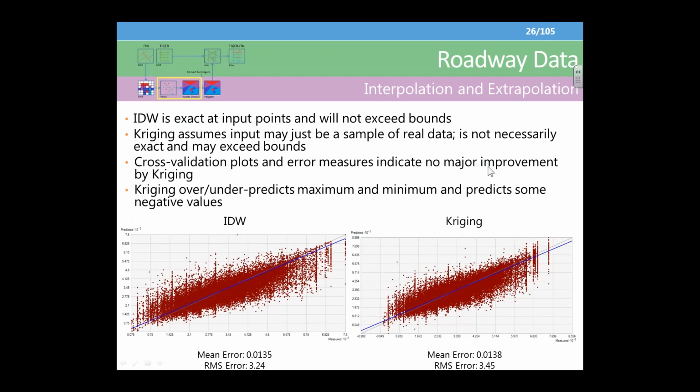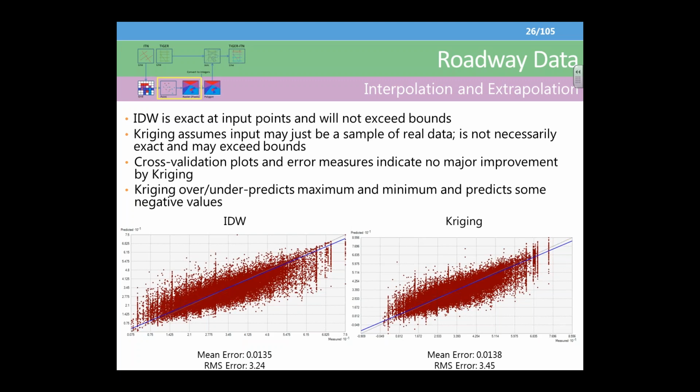One of the advantages of utilizing inverse distance weighted is that it exactly will match your data points at those points. If you're creating an interpolation model, depending on the assumptions and the formulation of it, you may actually overshoot or undershoot when you go back and look at the actual data points themselves.